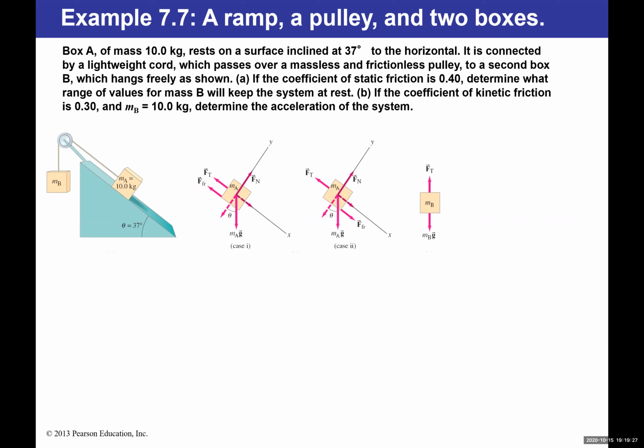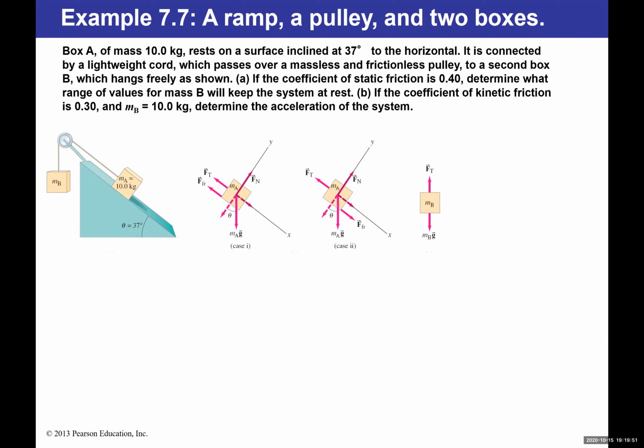If mass A is much heavier than mass B, then mass A will slide down and mass B will move upward. But if mass B is much heavier than mass A, then mass B will go down and mass A will speed up upward.